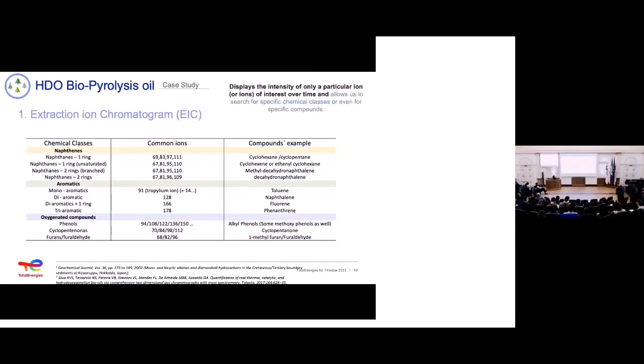In this table, we have the chemical classes that we can find in the biopyrolysis oil, the common ions in EI ionization, and some compound examples. So let's focus on the naphthenes and phenols.